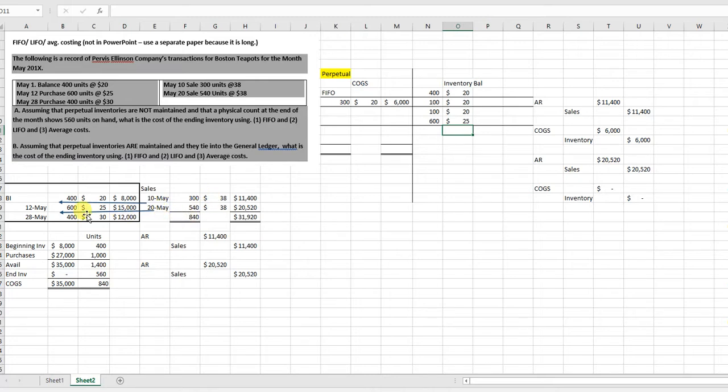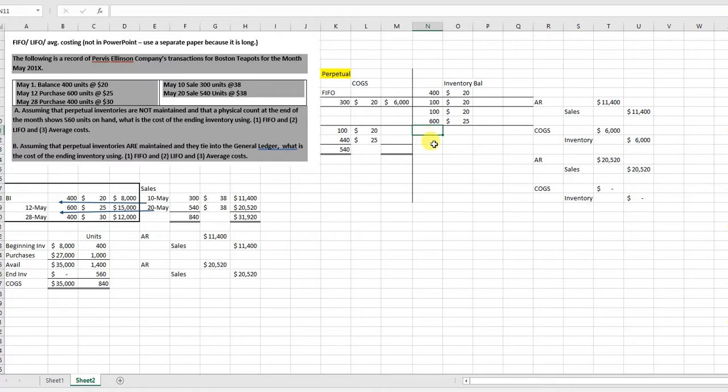So then on May 20th, I sold 540. So this is first in, first out. So I sold the 100 at 20. And notice that I need to get 540 here because I sold a total of 540. So my next layer is 600, so I sold 440 of those at 25.